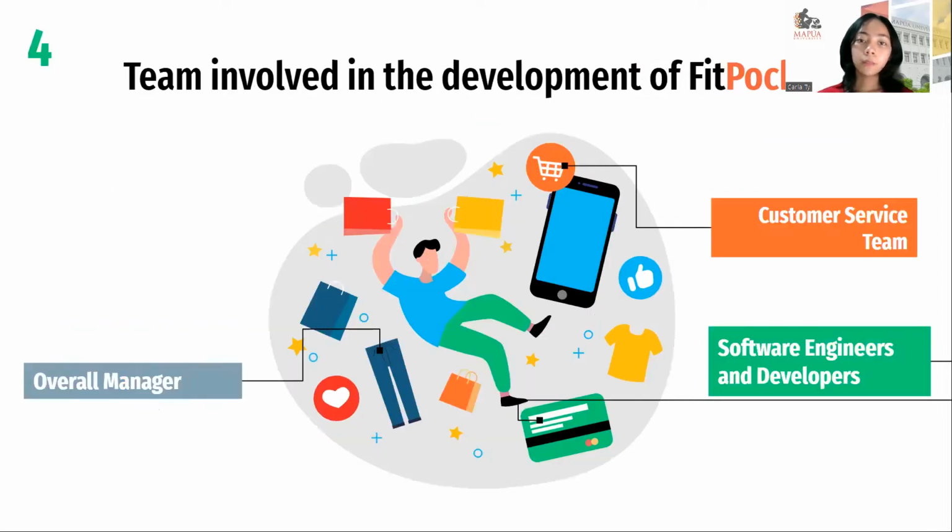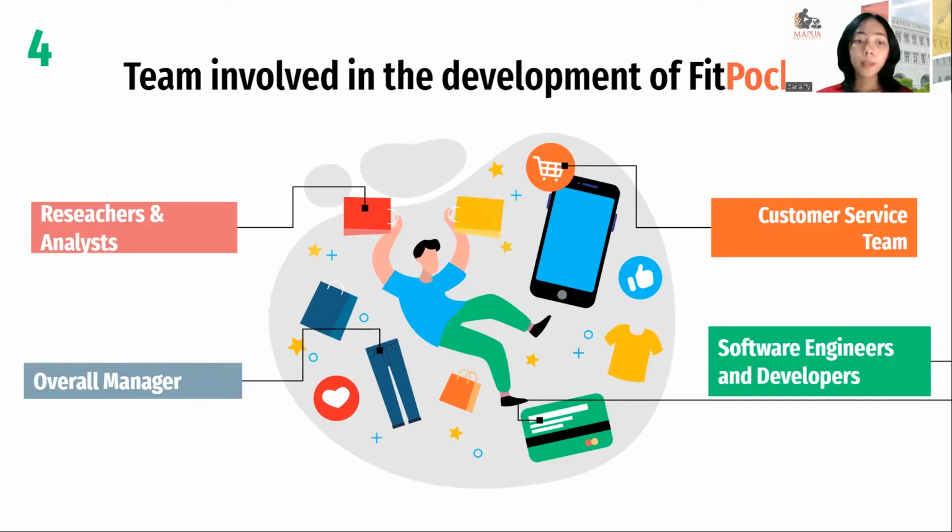Next is the team involved in the development of FitPocket. We have researchers and analysts, software engineers and developers, an overall manager, and the customer service team. The analysts received the user requirements from the development team.